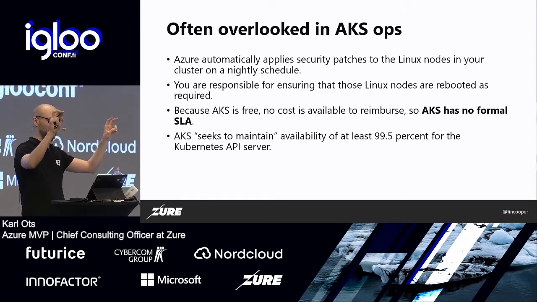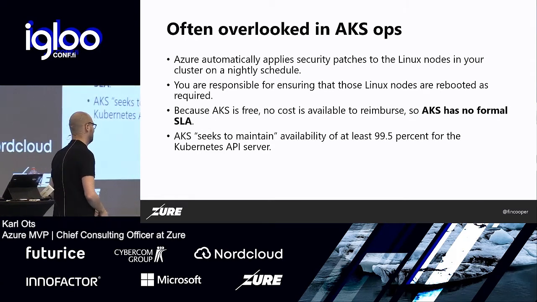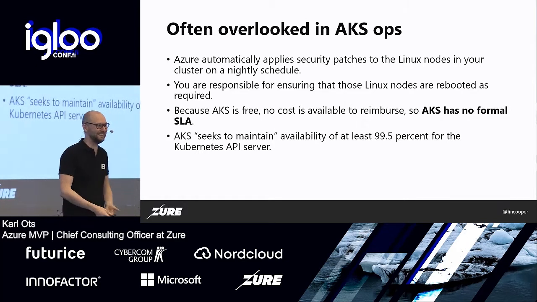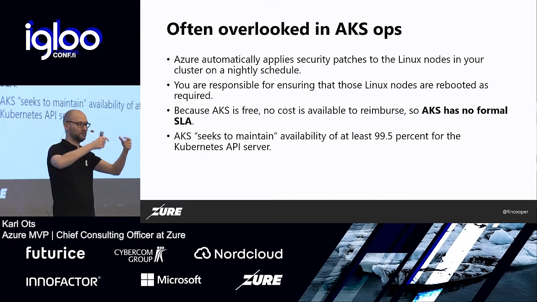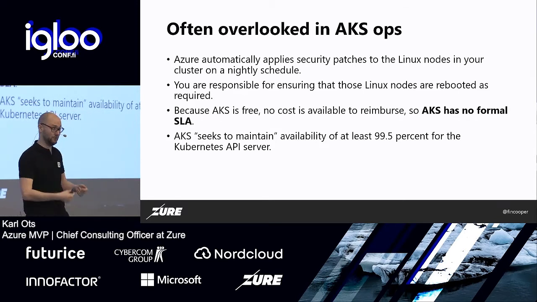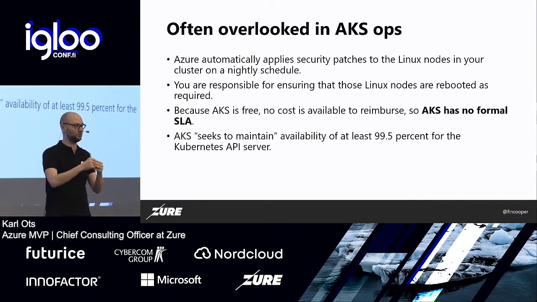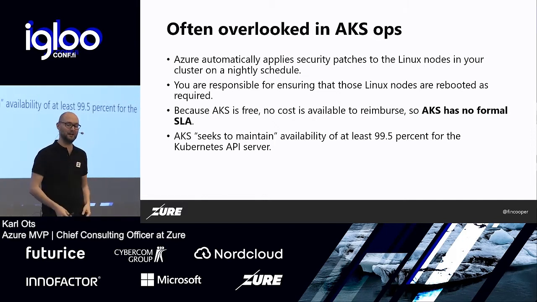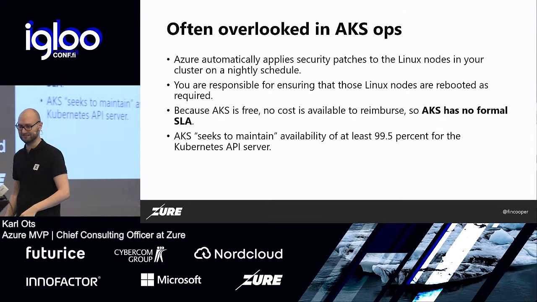They seek to maintain an availability of at least 2.5 nines for that master server. So if you want to say, please install a new version of my application, please download the new container image from our registry, that's an operation that needs to go through that Kubernetes API server, and the target, not even guaranteed, for that availability is 2.5 nines.